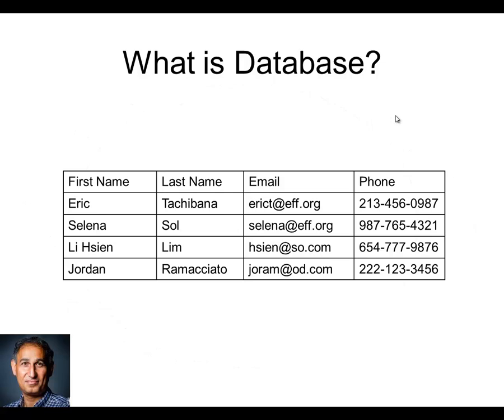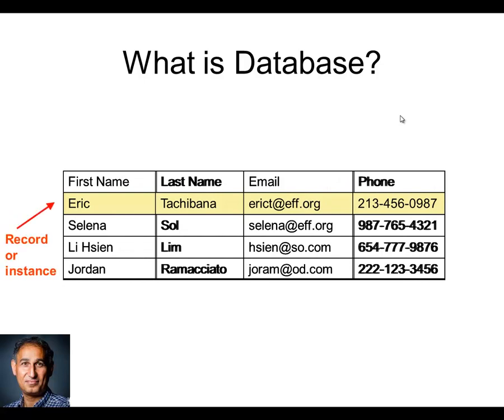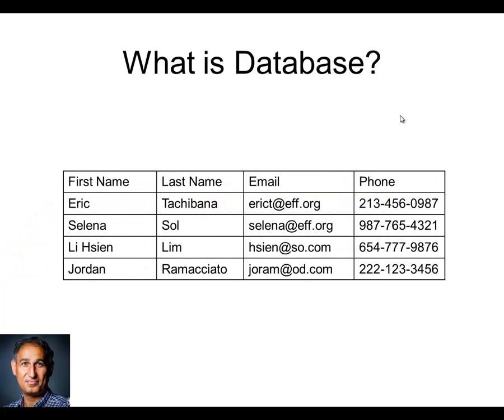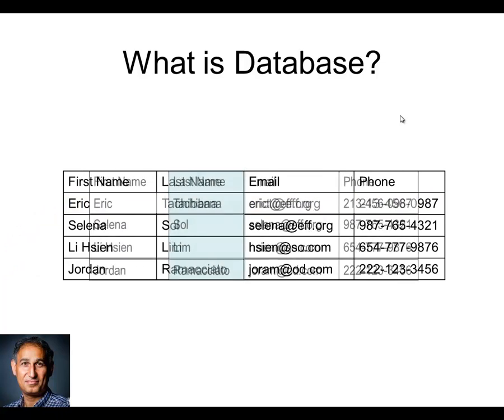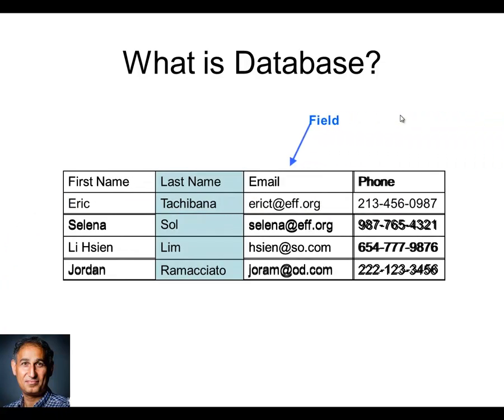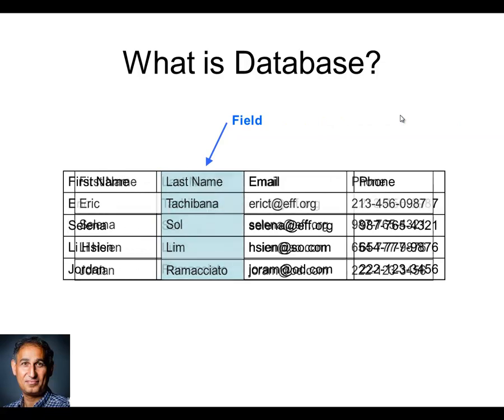Then I have rows that are called record or instance, and columns that are called fields or attributes.